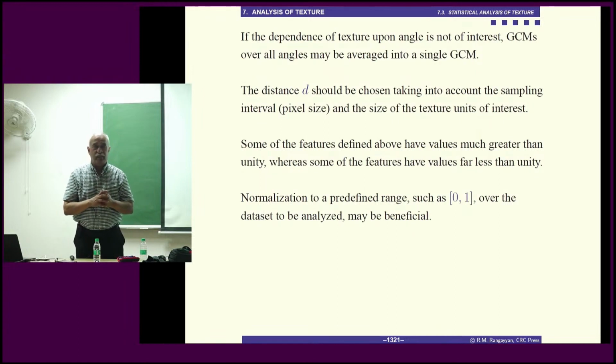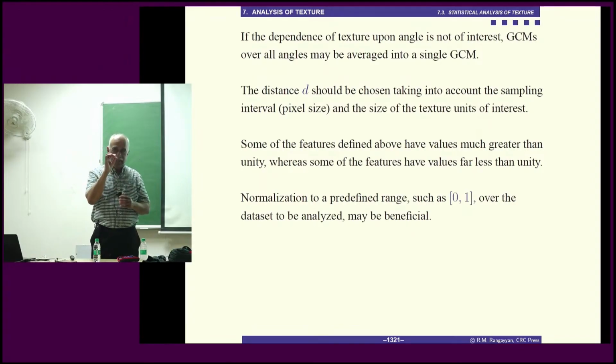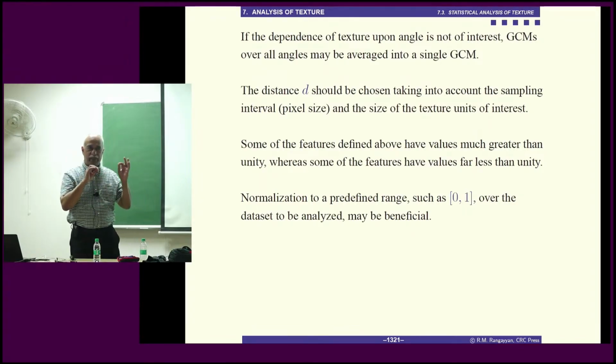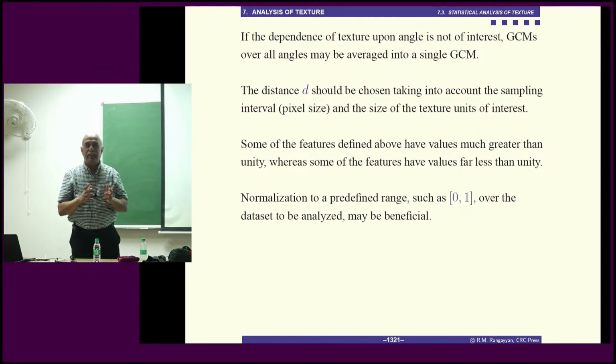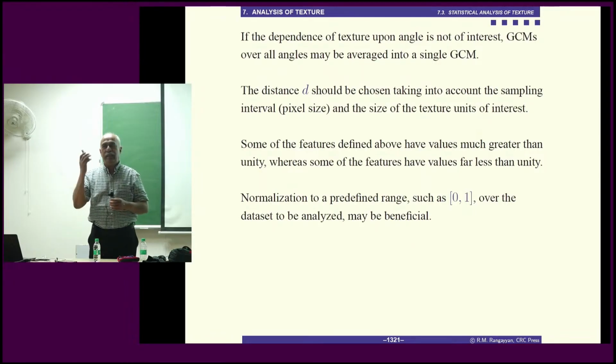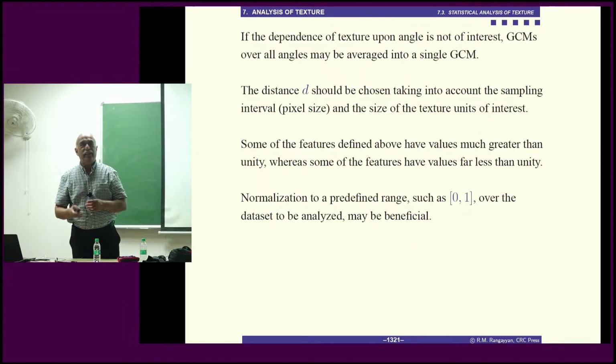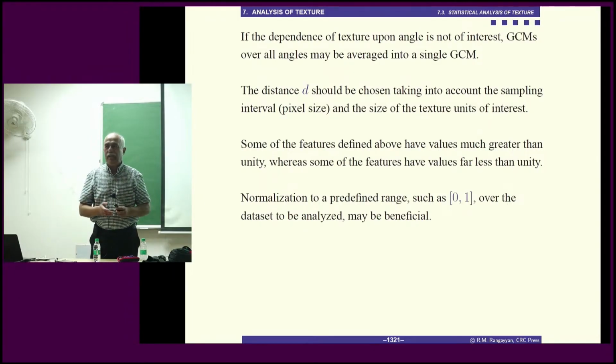Not 100, not 50, not more than that. 400, no. So there is a certain limit in the resolution at which these measures work well. If you use too fine a resolution, then you may not get meaningful counts of co-occurrence. And if you use too coarse a resolution like 400 or 800 micrometers, then you will lose information.